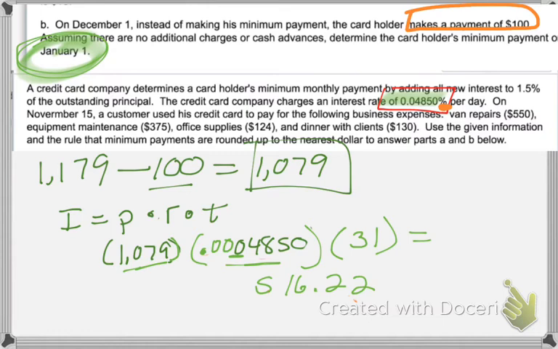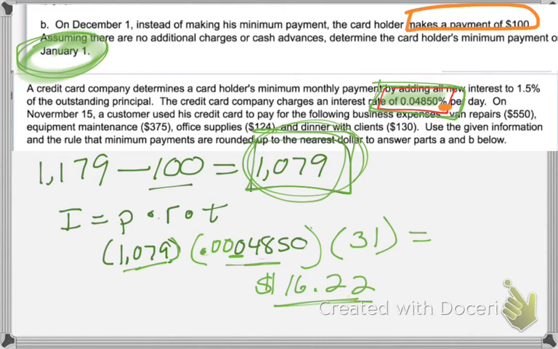So the amount of interest that the credit card company is going to charge this guy, for basically borrowing $1,000 for a month at this daily interest rate of 0.0485%, is this: at the end of December, on January 1st, when he needs to make his payment, he owes them $16.22 in interest.